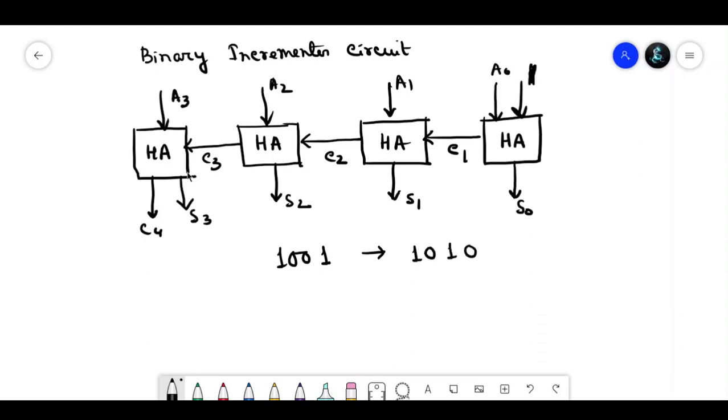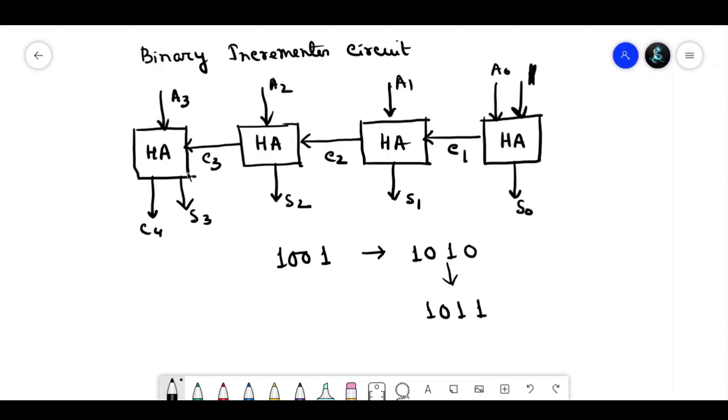Incrementing means basically 1 is added. Then if 1010 is stored, after incrementing by 1 it will be 1011. So the microoperation can be implemented by using either an up counter or a combinational circuit.